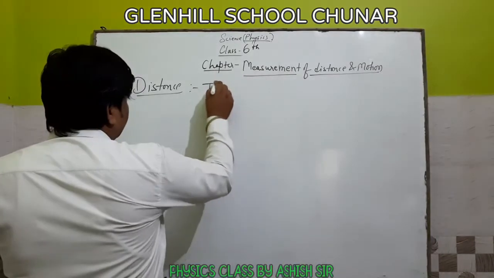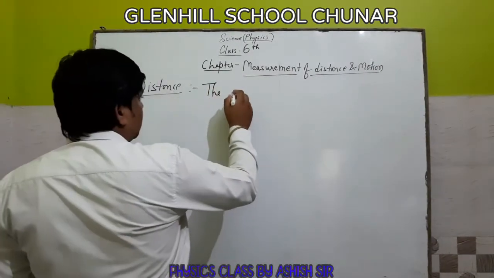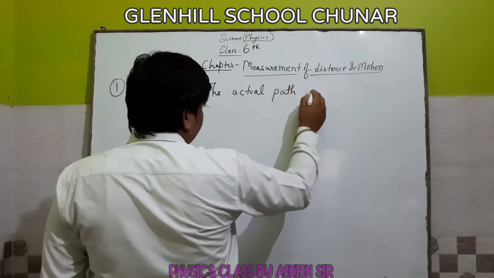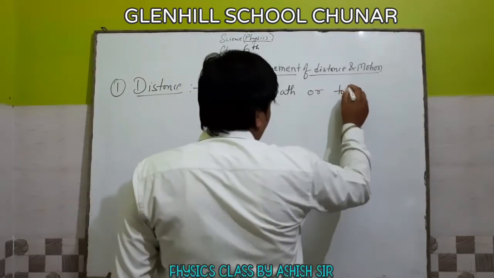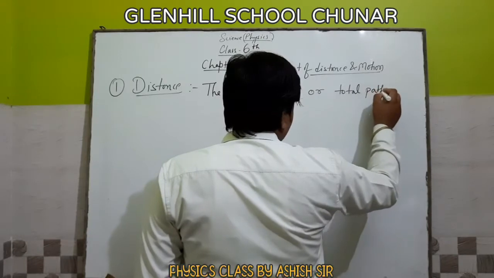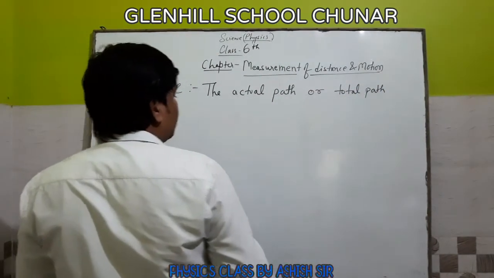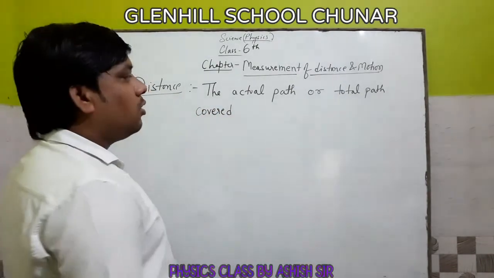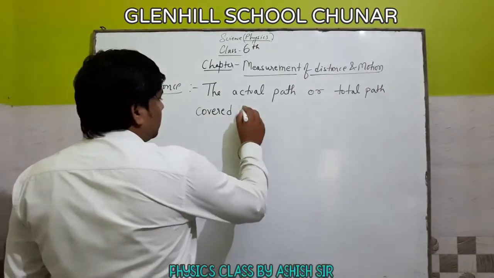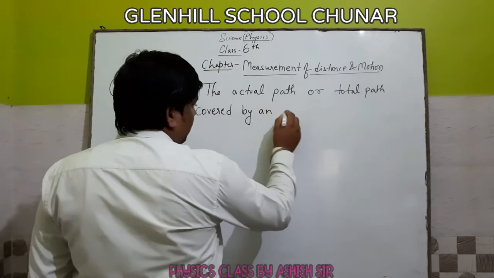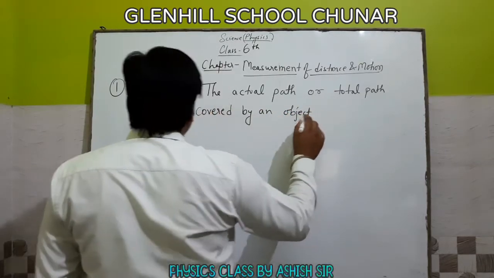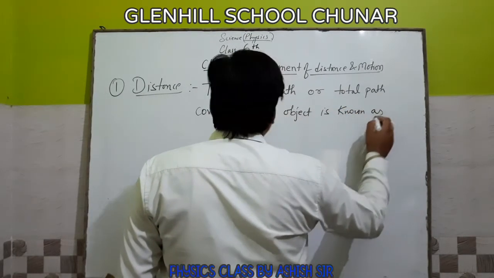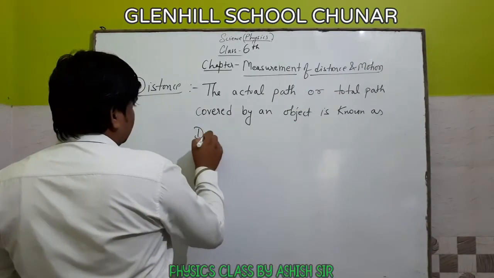Simply, we say that the actual path or total path covered by an object is known as distance.